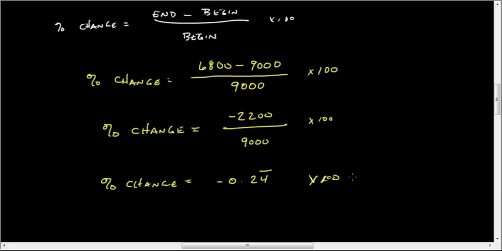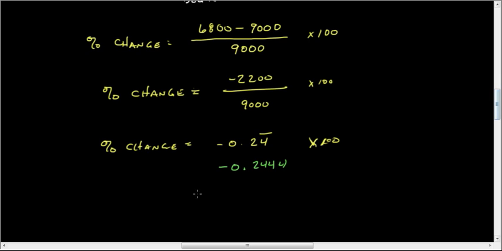Now, we want to be kind of careful here. We have a repeating 4, but we don't really need to take it out to 20,000 decimal places. So we're just going to shorten that up and say this is going to be negative 0.2444. Take it out to 4 decimal places. That'll be good enough. And so my percent change, when I multiply by 100, I'm just going to move the decimal place to the right, which is in the positive direction on the number line.